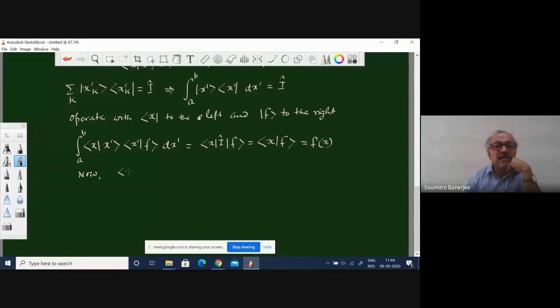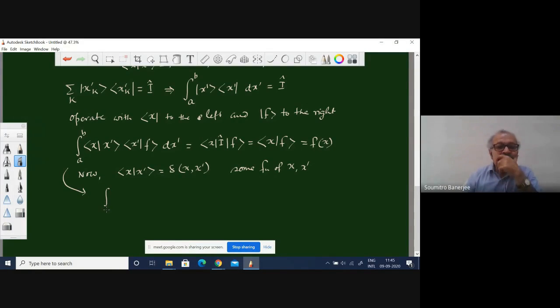Say <x|x'> is some function of x and x prime, a function delta of x and x prime. We don't know yet what this function is, but we are just writing it as this function. So this then becomes the integral.